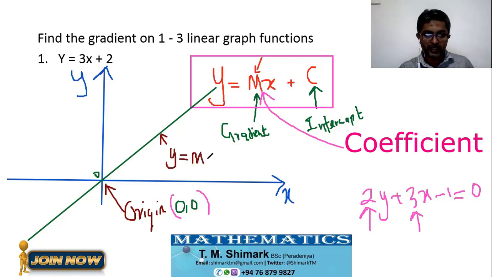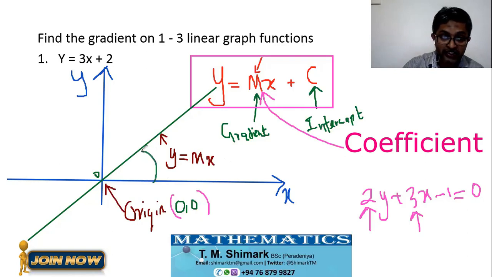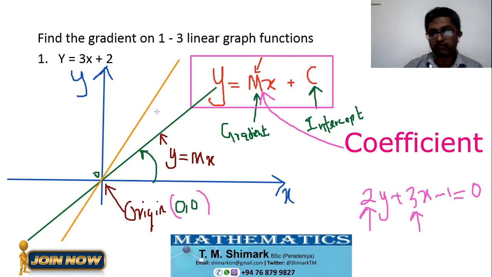Y equals mx, right? M can be any number, right? 1, 2, 3, 4, 5, half, quarter. The discussion is about m, the gradient. Gradient means how much it is tilted with the x-axis. I'm just taking this example, y equals, let's say, 2x. 2x is the equation for this.